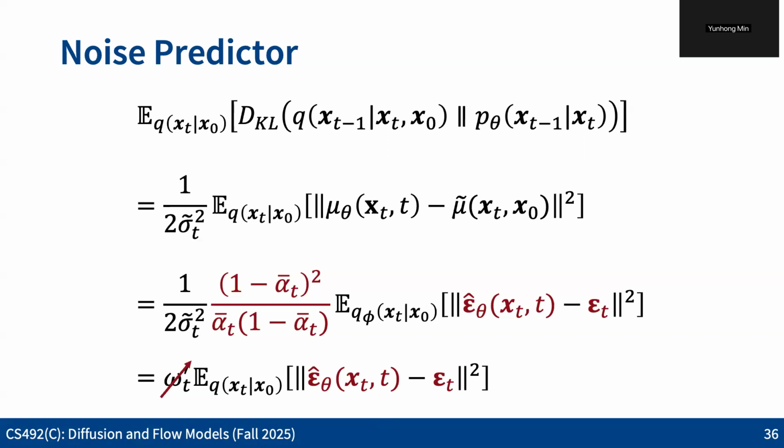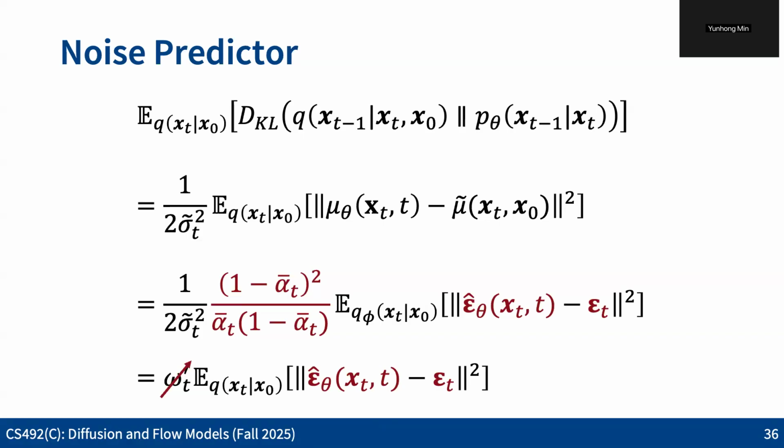To be precise, you need the whole expression with this weighting term. But you can also see that this weighting is only for each time t, meaning how much weight we put on each time t.